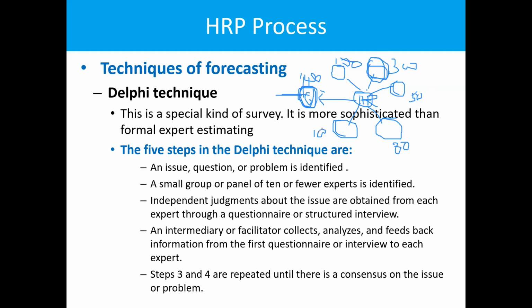So in that case, since there are huge variations among the individual predictions, obviously the HR manager can go for a second round by clarifying the problems and explaining in more detail, giving them more detailed explanations on the future plans and all these things. Then again, the same process can be run for the second time, right? So then he says, then we need 150 people, right?